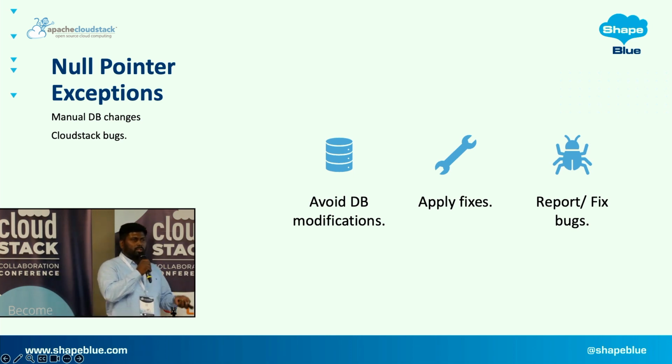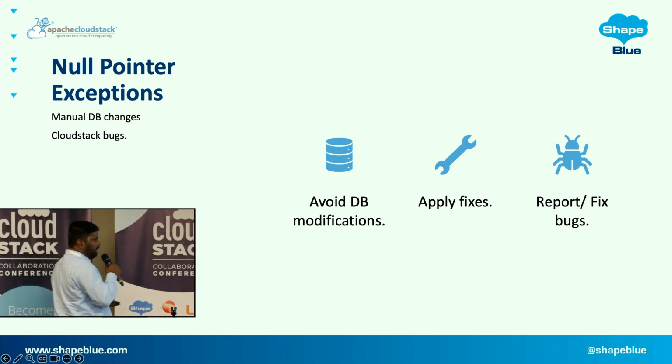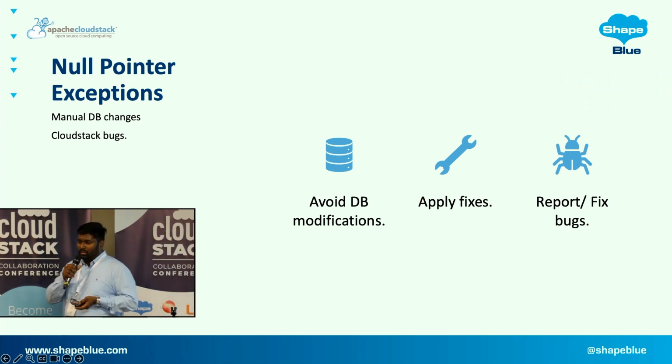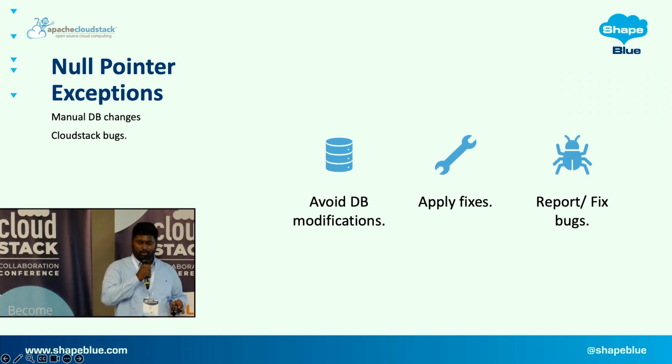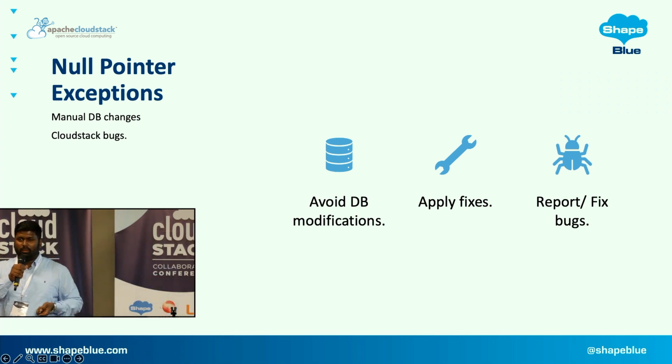Null pointer exception is another failure that can affect any operation. Instance deployment, I'm taking that as an example here, could be affected as well. In many situations I have seen manual DB changes as the cause of this. I used to run an internal production cloud with a commercial distribution of CloudStack for a couple of years. What we did is we decided we would not modify the DB at all.